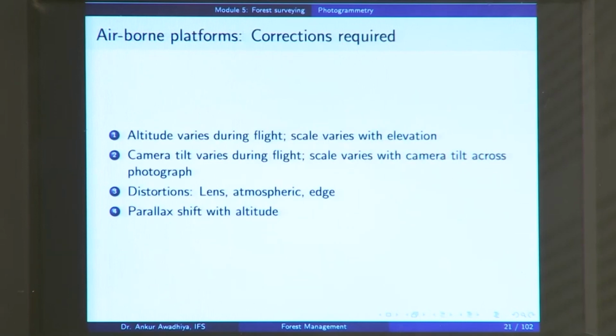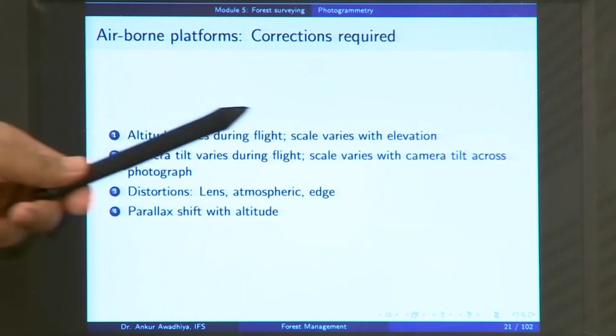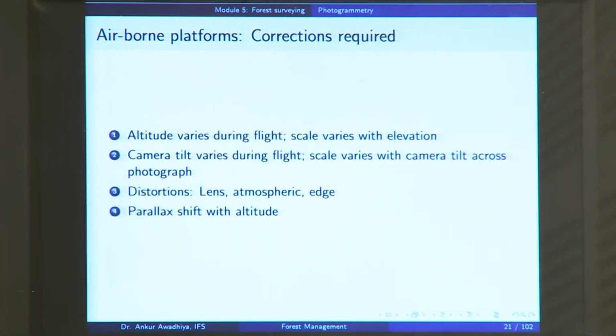Now, when you are making use of airborne platforms, you need to perform certain corrections to the image. If the altitude is varying during the flight, then the scale is varying with the elevation, because if you are looking at things from a greater distance, then they appear smaller in size. So, the scale is different as compared to when you are looking at the objects from a closer distance.